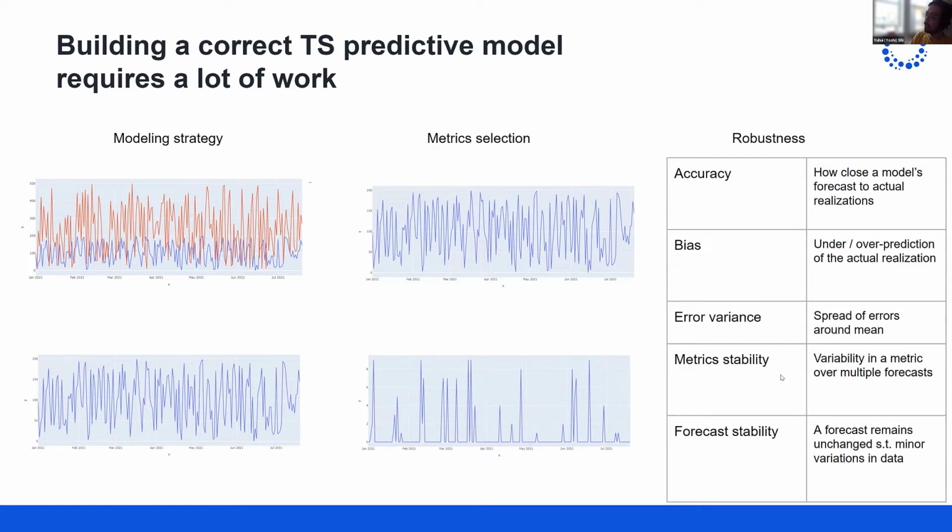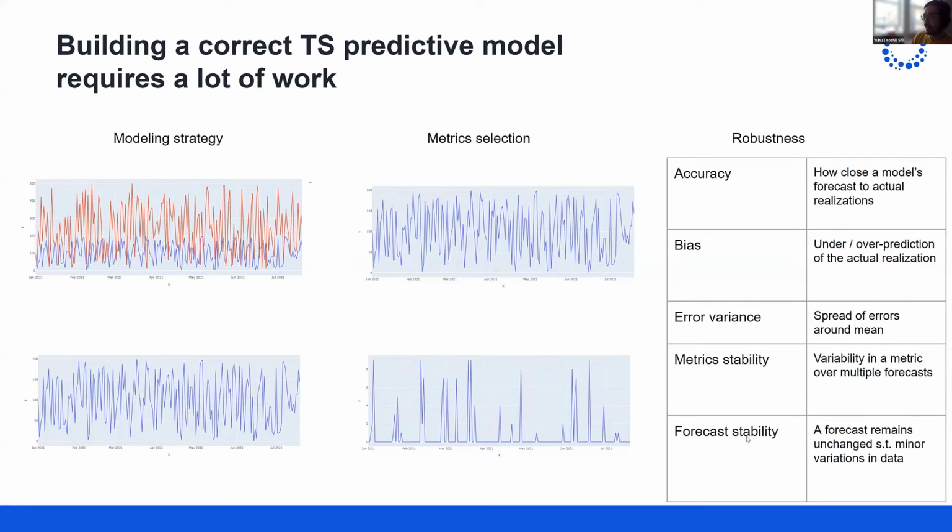We are also talking about stability, both for the metrics and the forecast. For example, if you apply your model to multiple data sets at different time periods, is your model going to behave in a consistently good way, or is it going to vary a lot depending on the distribution of the data? And also the stability of the forecast.